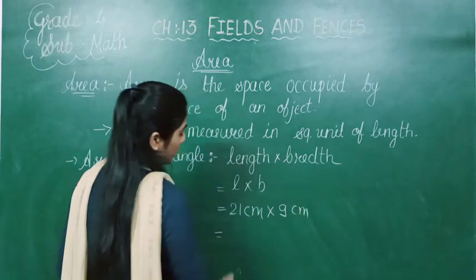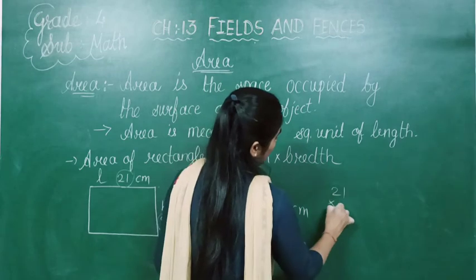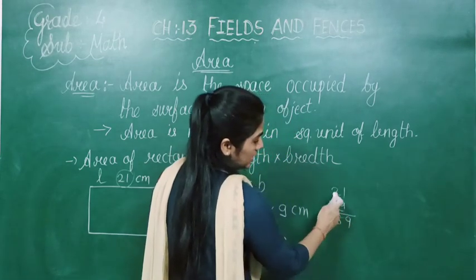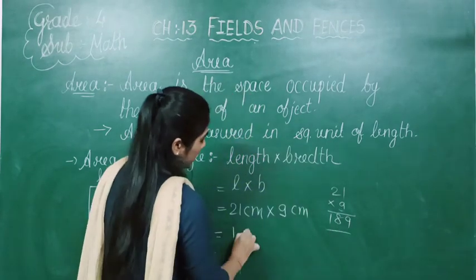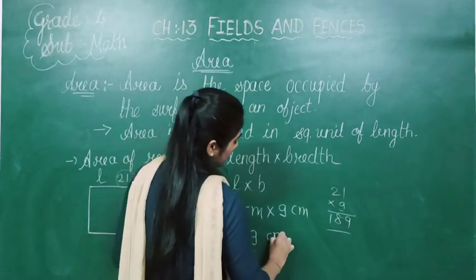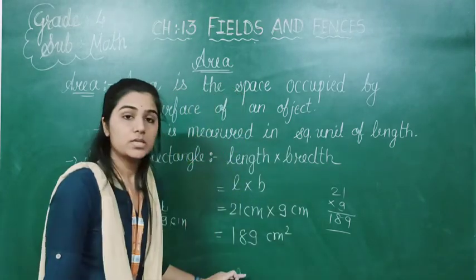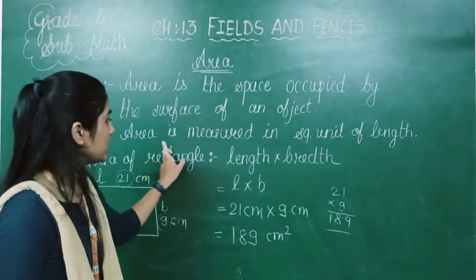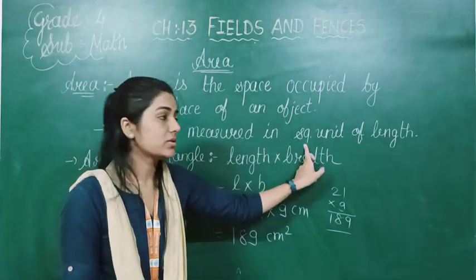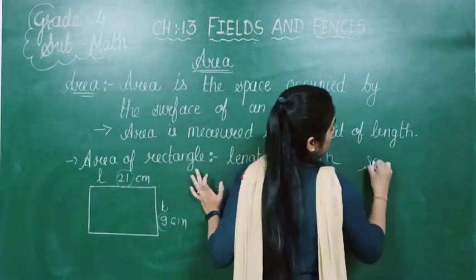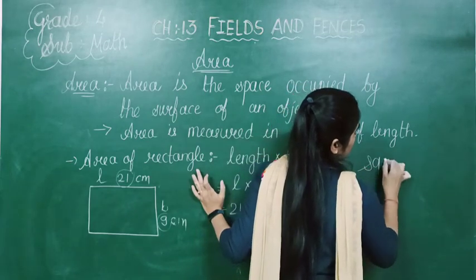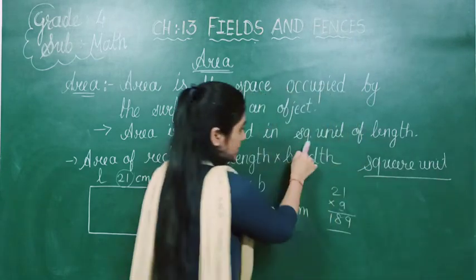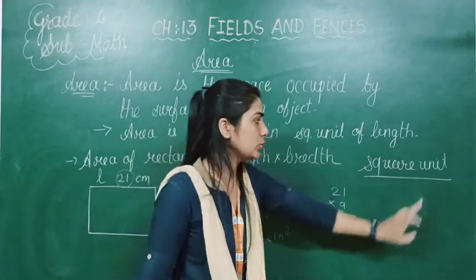So if you do the multiplication of 21 and 9, you will get 1 9 is 9, 2 9s are 18, so 189 square centimeter. See, why we are writing this unit: as I have told you, area we are measuring in square unit. Square unit means sq. dot, that means square unit.